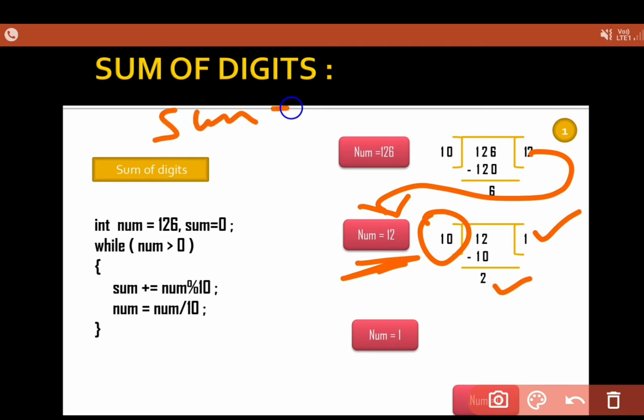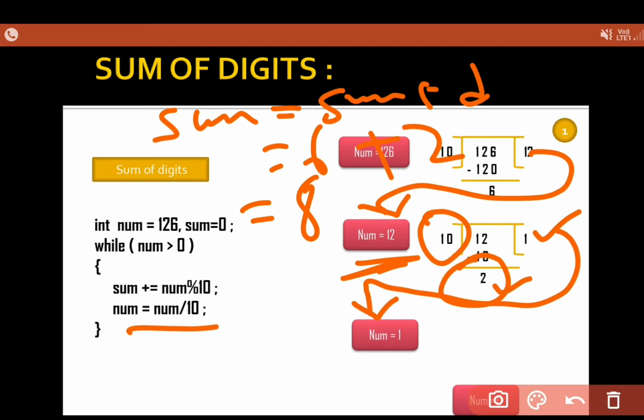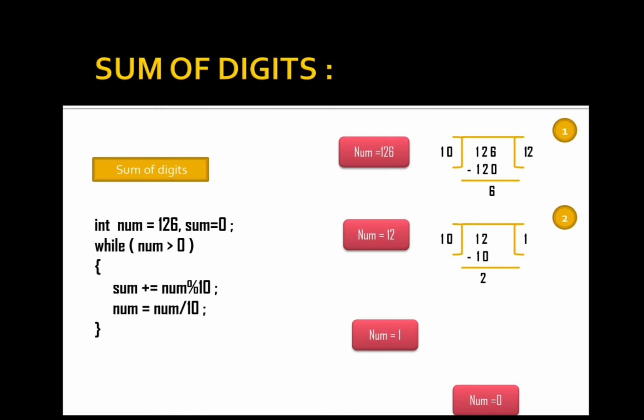Already sum is equal to sum plus digit. Sum is 6, digit is now 2. 6 plus 2 is 8. And I'm storing my quotient in my number. This is my second attempt of doing the same thing.